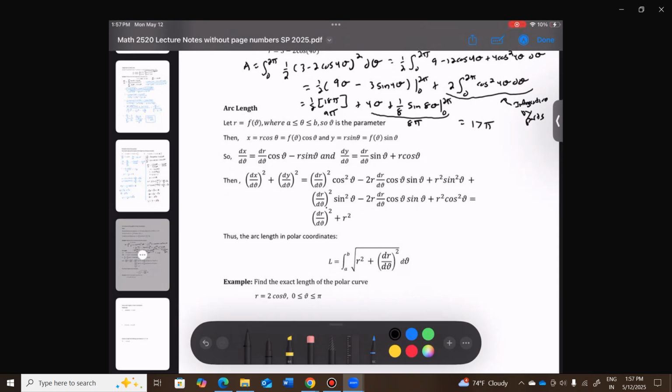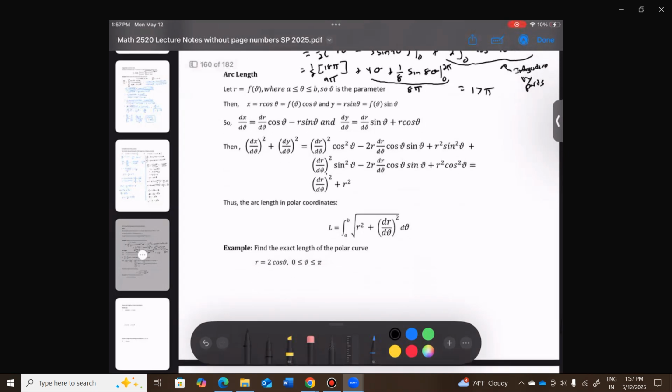And so what ends up happening is your length is the integral of the square root of r squared plus dr d theta squared d theta.